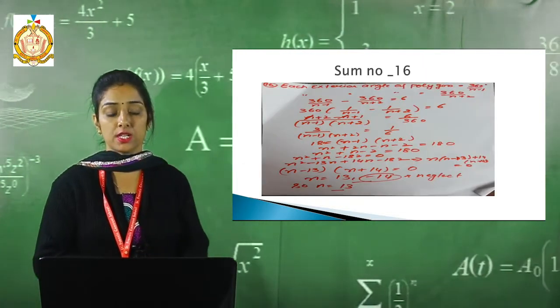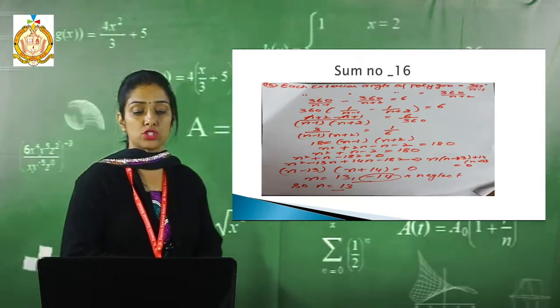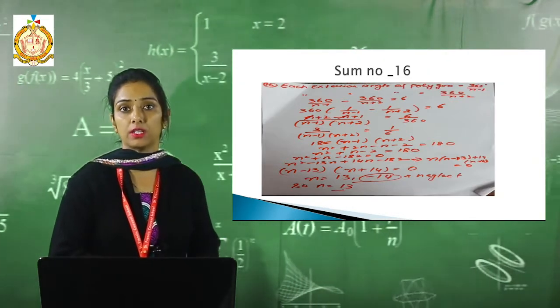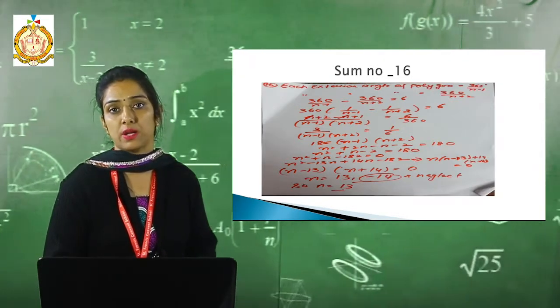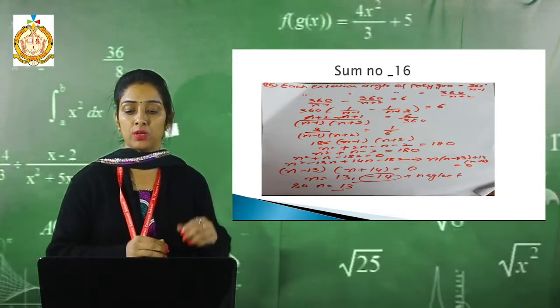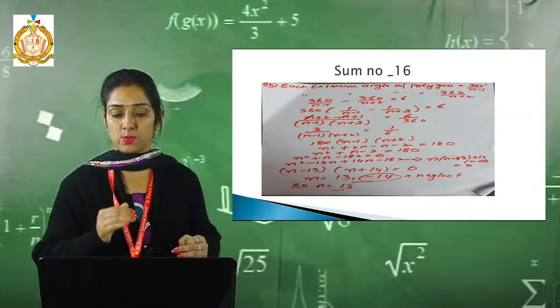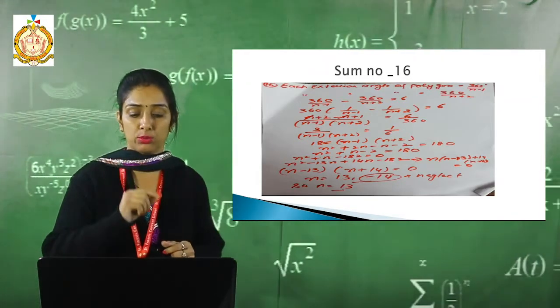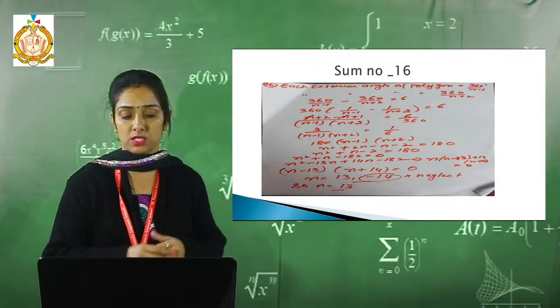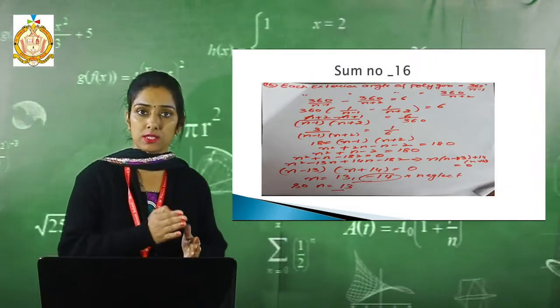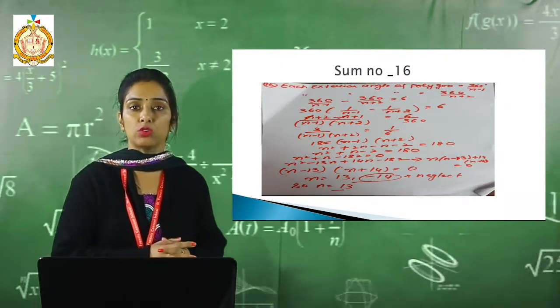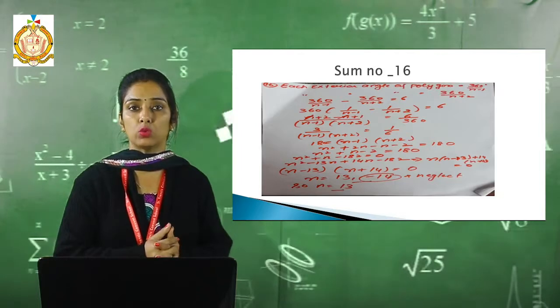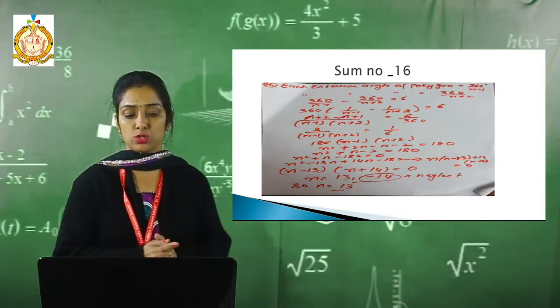Now the next question is, see in the 16th question, each exterior angle of the polygon is equal to 360 divided by (n minus 1). Now its second side is 360 divided by (n plus 2). Now you have to subtract both terms, which is equal to 6. Now take 360 as common, what do we get? 1 over (n minus 1) minus 1 over (n plus 2) is equal to 6.